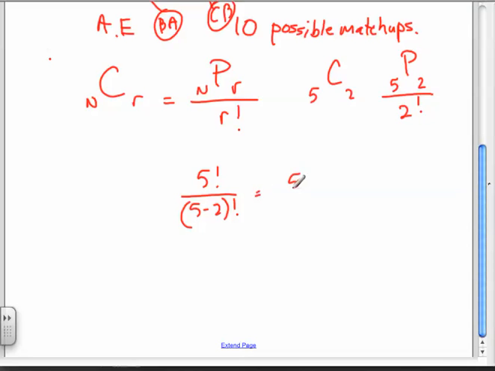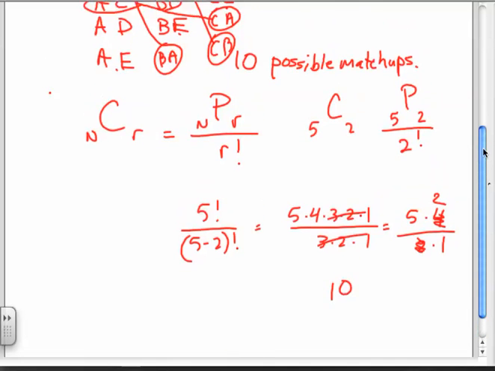That gives us 5 times 4 times 3 times 2 times 1, all over 3 times 2 times 1. So this cancels with that, and I get 5 times 4 on top. But remember, I now have to divide that by 2 factorial, 2 times 1. And I'm going to cancel the 2 with the 4, and that leaves me 2. What's 5 times 2? 10.